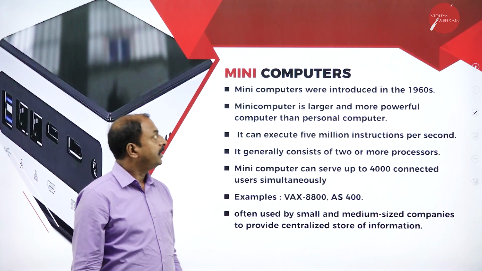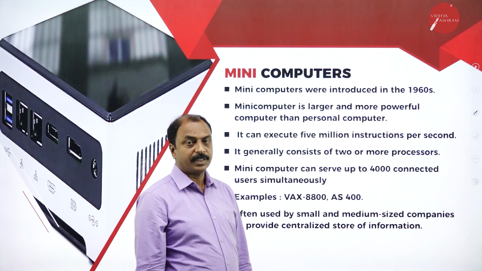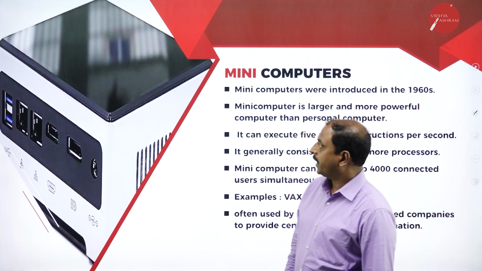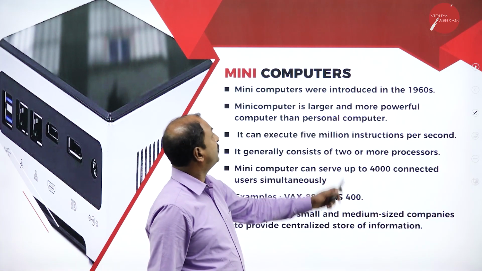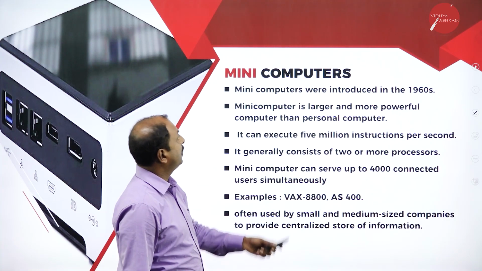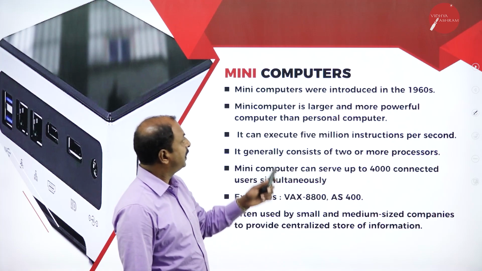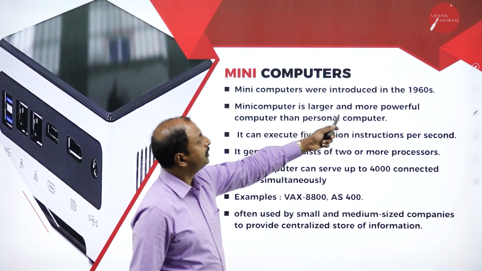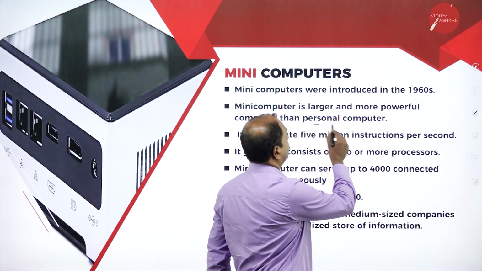Now let us see the second type of computers, that is mini computers. So look at the diagram of this. So this is the diagram, and what are the features of mini computers? Mini computers were introduced around 1960s, and it is larger and more powerful than personal computers.